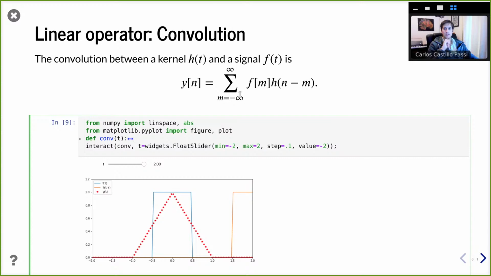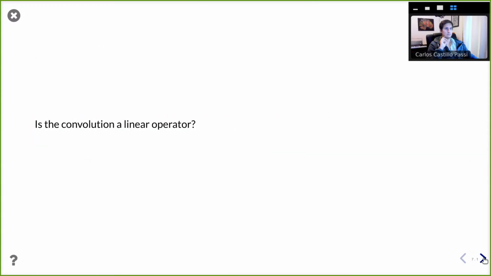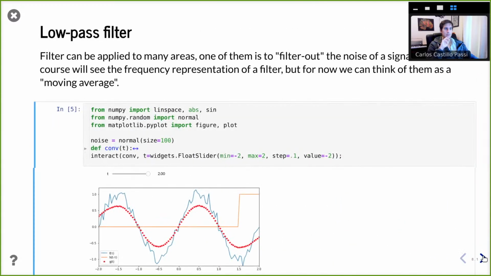You can kind of guess it by looking at the operation that is just a summation. So that's an intuition why it's linear, but you can do the proof by replacing this f with f1 plus alpha times f2 in a similar way to exercise 1 of homework 1. So yes, it's a linear operator.